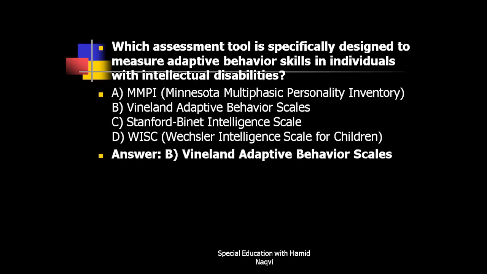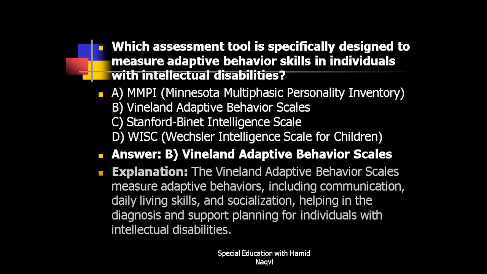Correct answer is the second one, that is Vineland Adaptive Behavior Scales. And we know that Vineland Adaptive Behavior Scales measure adaptive behaviors which include communication, daily living skills, and socialization, helping in diagnosis and support planning for individuals with intellectual disabilities.